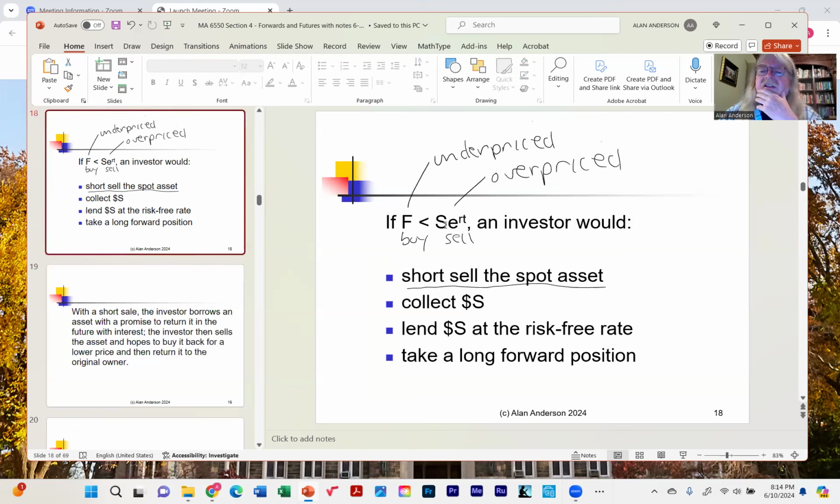We're short selling this S, hoping that it will go down. Or actually, in this case, we don't care because we've locked in the ability to buy it back for price F. We're selling it for S, and then we're guaranteed to be able to buy it back for F through this forward contract because we're taking a long position in the forward contract.